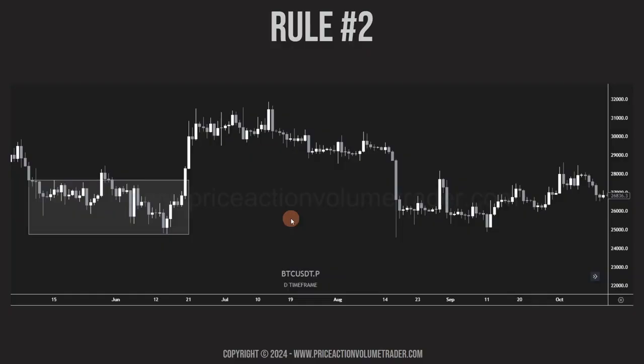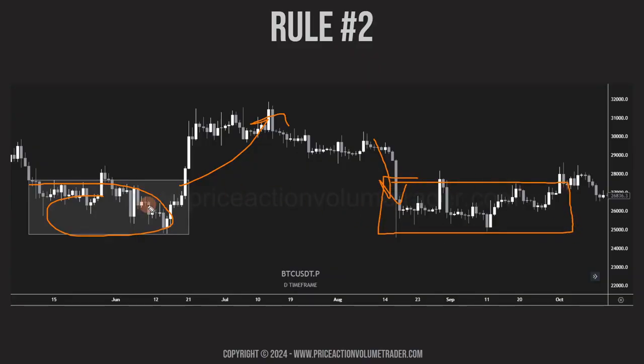Okay, here's another example, just looking at a simple candlestick chart. This is the daily Bitcoin, and you can see this is pretty much what we've talked about, value migration, where we have several weeks of sideways action. We have a breakout, and when market comes back here, we start getting again choppier within this previous area of values.